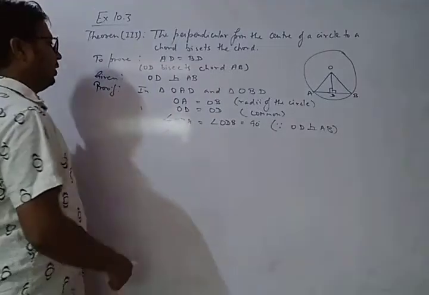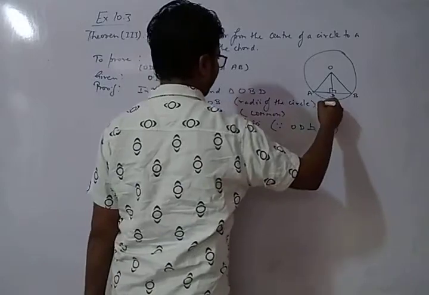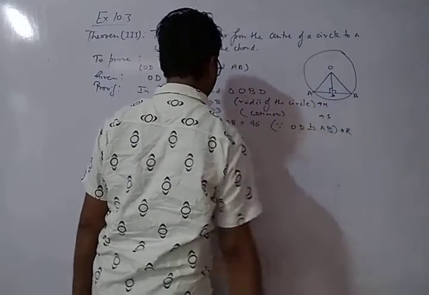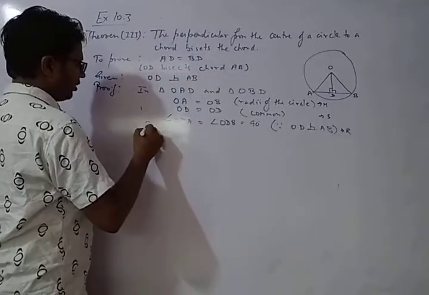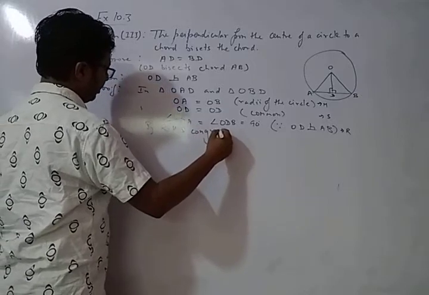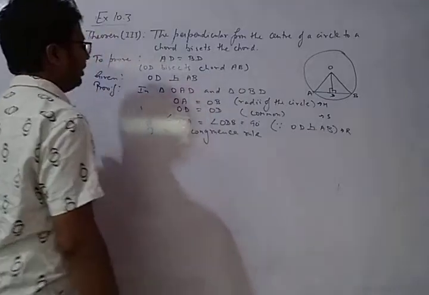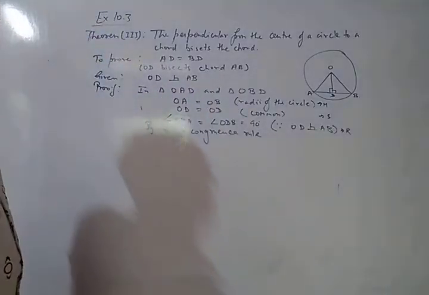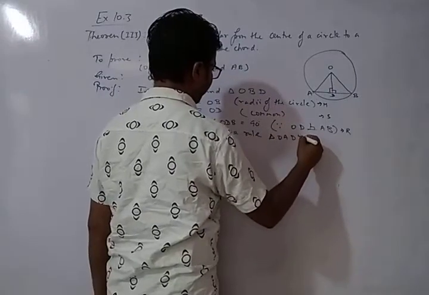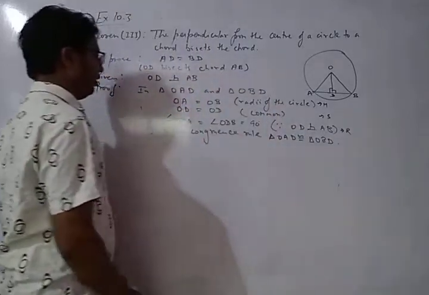By which congruency rule? As you can see, that is hypotenuse, that is side, and that is right angle. By RHS congruency rule, the triangles will be congruent. Triangle OAD is congruent to triangle OBD. ये चीज हमने प्रूव कर ली.